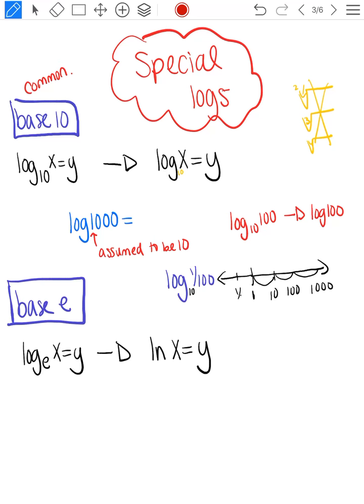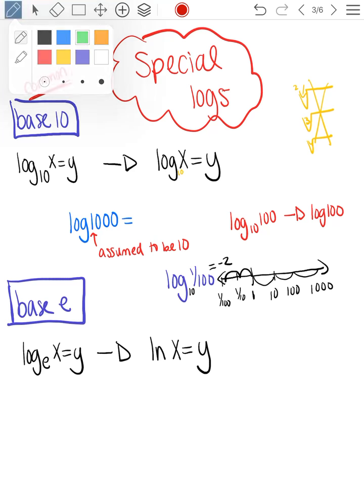But to get to 1 over 100, 1/10, 1 over 100 would be 2 jumps to the left, so it would equal -2. So the first special one is the common logarithm, which means if there's no tiny base there, it's base 10.